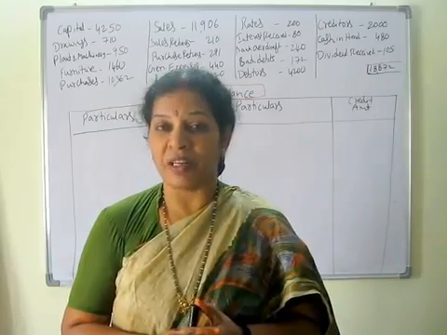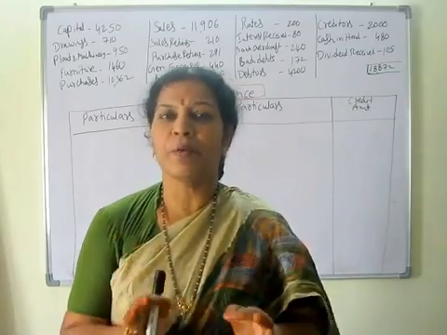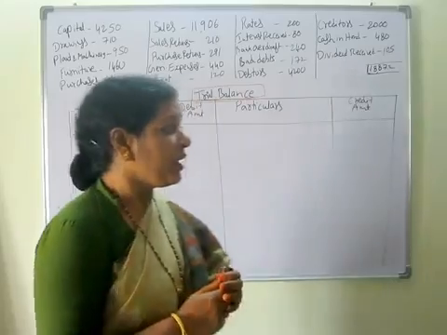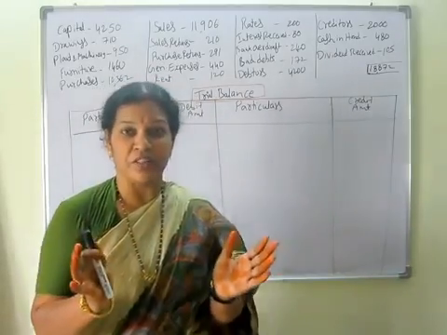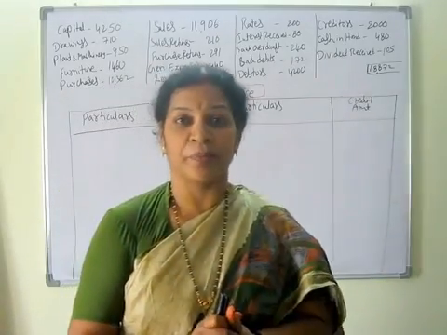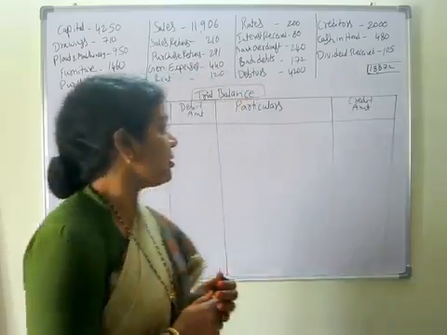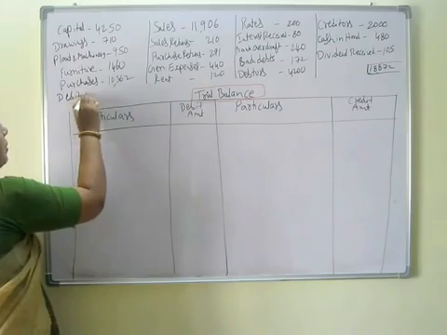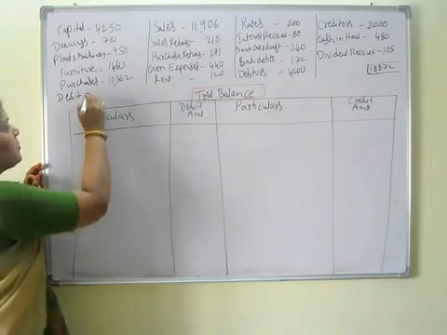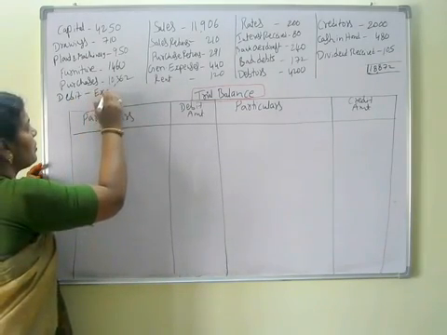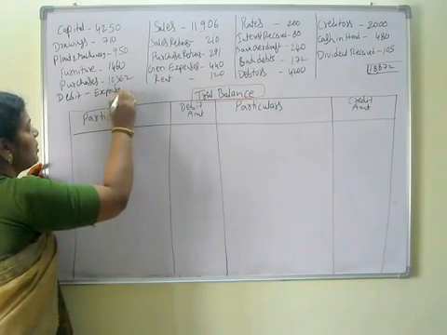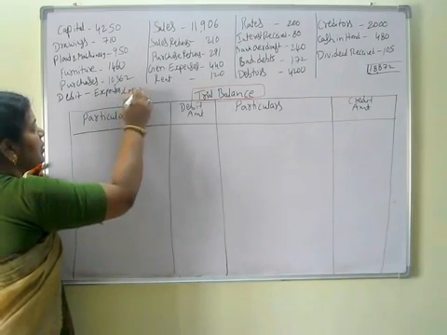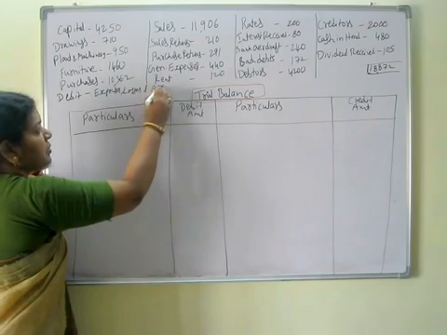How do we prepare this trial balance? Please remember a simple rule for the trial balance. Trial balance will have two sides, debit side and credit side. So what do we write on the debit side? Please remember this. On the debit side we write all the expenses, losses and assets.